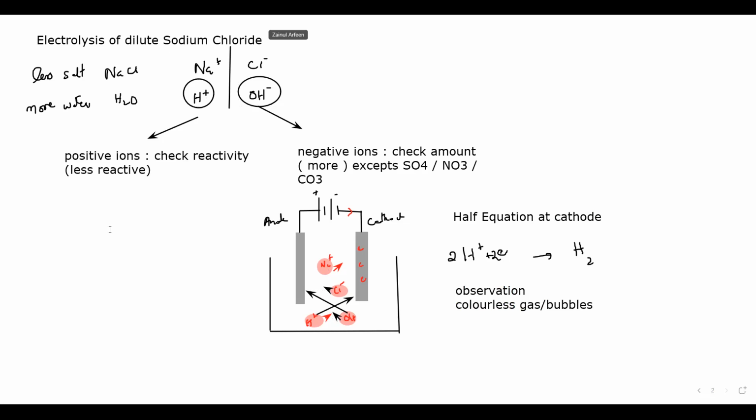So half equation for anode. Whenever hydroxide ion is moving, when one hydroxide ion moves, it will lose one electron and produce hydrogen atom and oxygen atom.